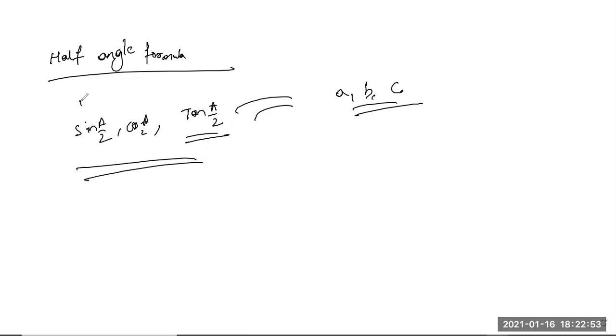So to find sin A by 2, you have to take 1 minus cos A. So what is 1 minus cos A? Or else, okay, forget about this. What is cos 2A?